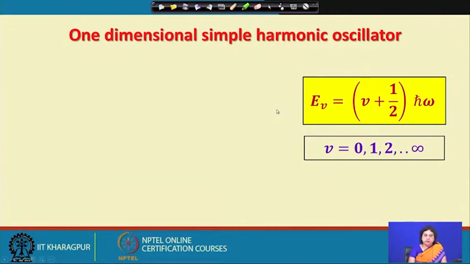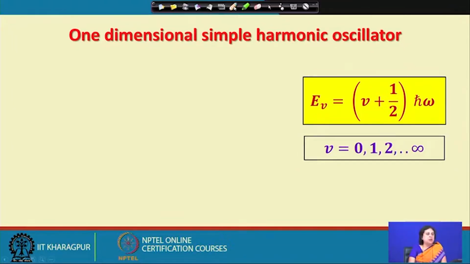As all of us know, the solution to the Schrodinger equation for any such system is characterized by a single vibrational quantum number V, and the discrete values of energy obtained by the solution of the Schrodinger equation is given by EV, that is h cross omega multiplied by V plus half. Now, what is omega?